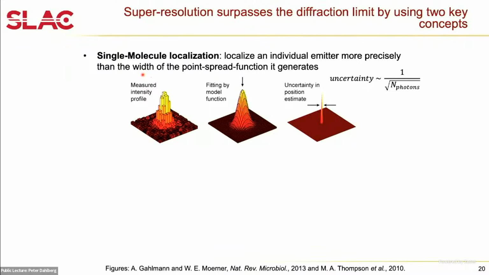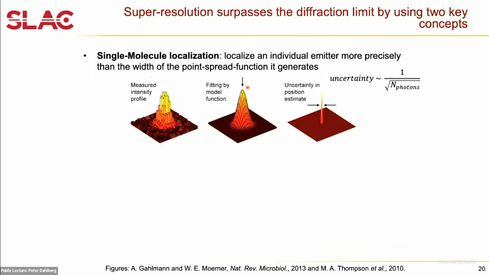If I have a single bright emitter in an otherwise dark field of view, what I measure on my camera is some broad intensity profile like this one in the pixelated image I showed on the previous slide. But I can determine the position of that individual emitter much more precisely than the width of this intensity distribution. The way that I do that is I take that intensity profile and I fit it to a model function.